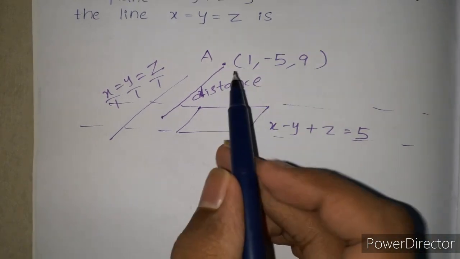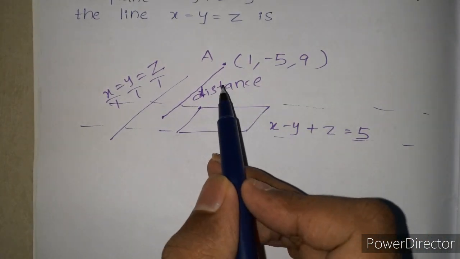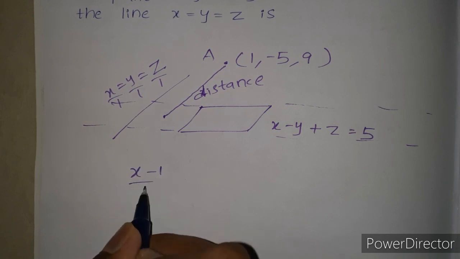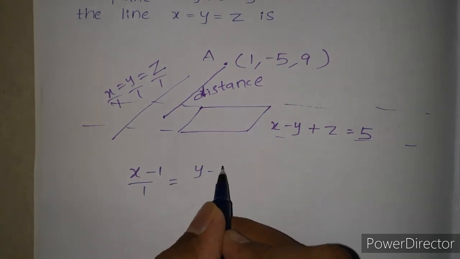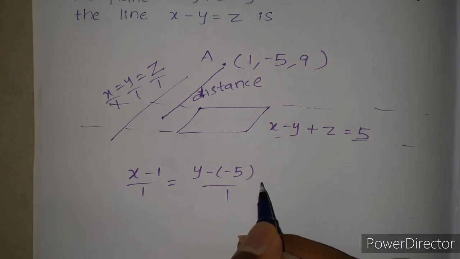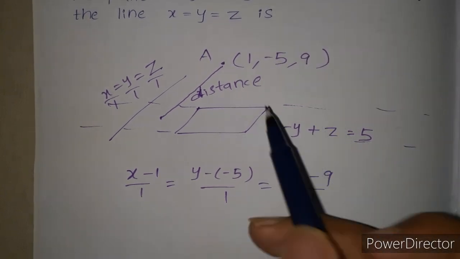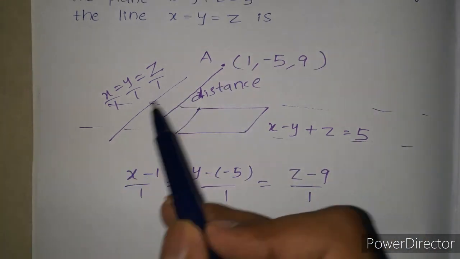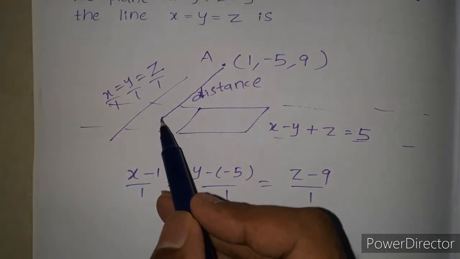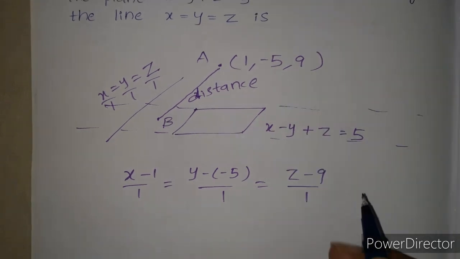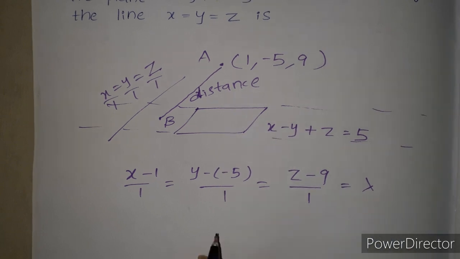So the line passing through A with direction ratios 1, 1, 1 is (x - 1)/1 = (y - (-5))/1 = (z - 9)/1. This is the line equation passing through A parallel to this, and it touches the plane at a point, let it be B. Let this common ratio be lambda.